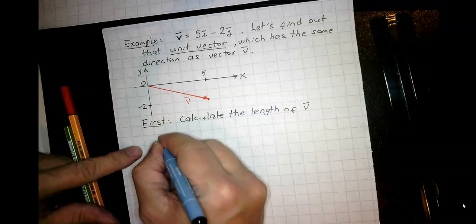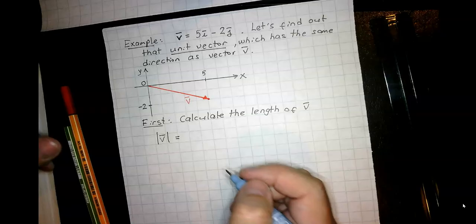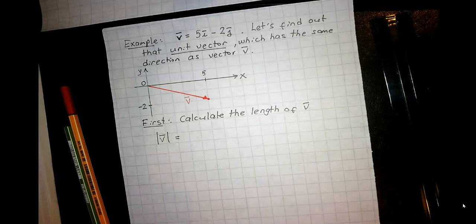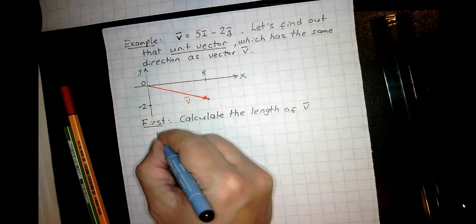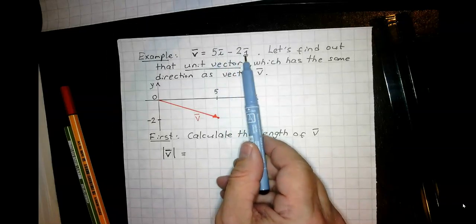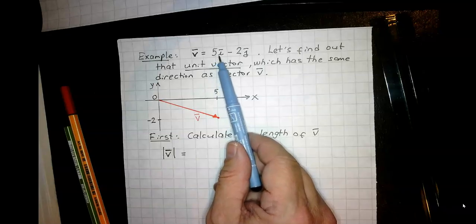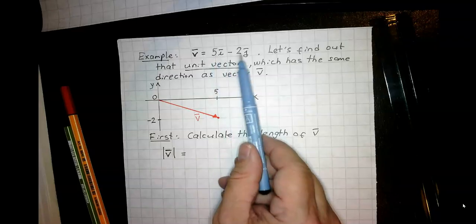So let's calculate that. V, and now I will use this absolute value method there. And we have the vector notation here. The components of those vectors, the factors in these unit vectors, there are 5 and -2.